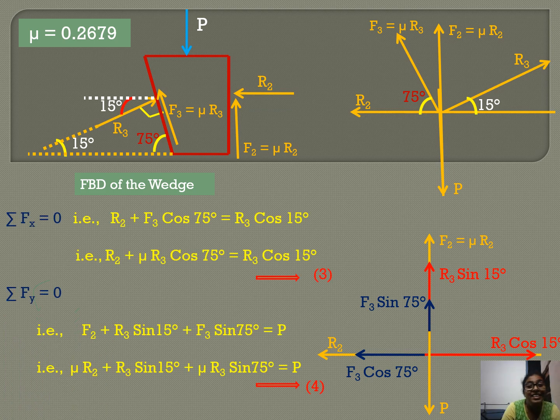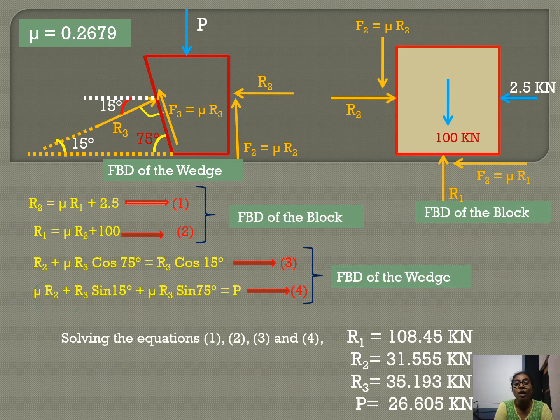Now these are the equilibrium equations from the free body diagram of the wedge after resolving into horizontal and vertical components. So we get sigma Fx is equal to 0: R2 plus mu R3 cos 75 is equal to R3 cos 15, and mu R2 plus R3 sin 15 plus mu R3 sin 75 is equal to P. Now totally we have 4 equations from the 2 free body diagrams.